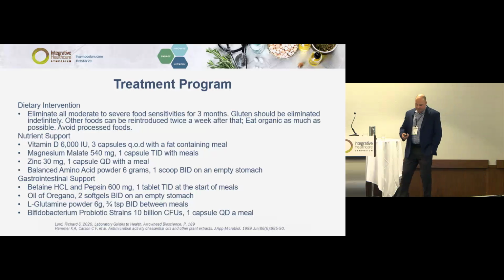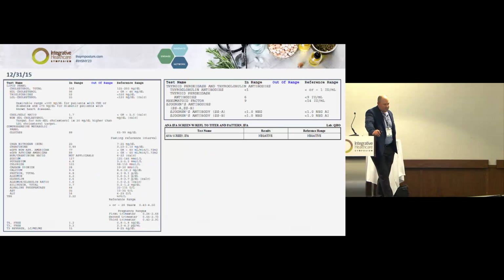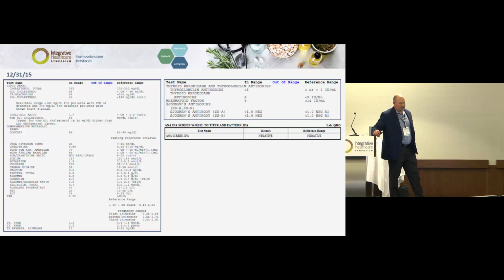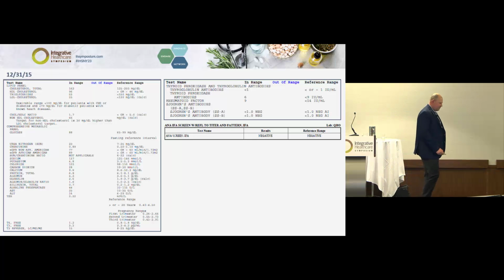And you can see in her follow-up labs, from a traditional perspective, we got her lipid panel normal. She didn't have any more issues with the glucose, it came back to normal. Her antibodies were not positive, and I screened some other stuff that was negative as well.